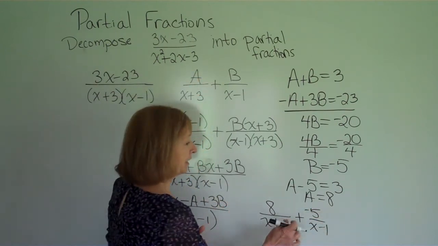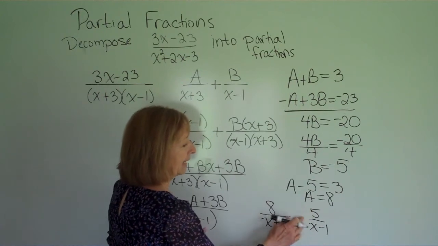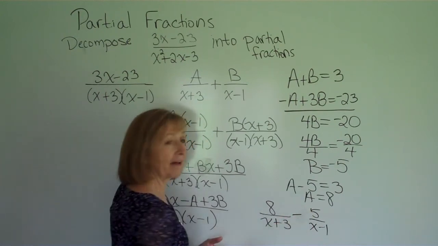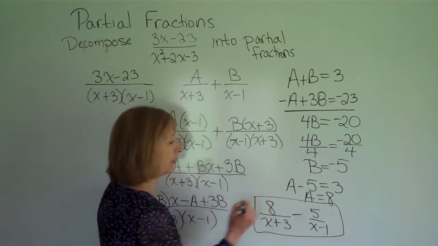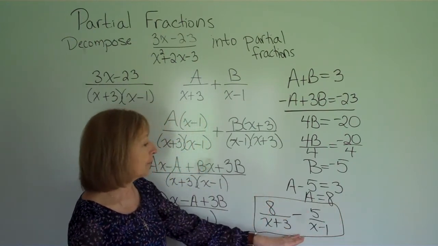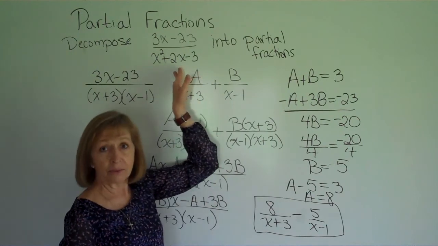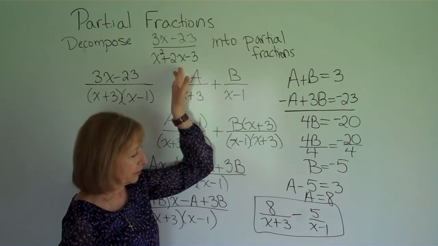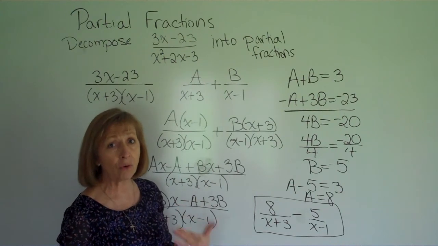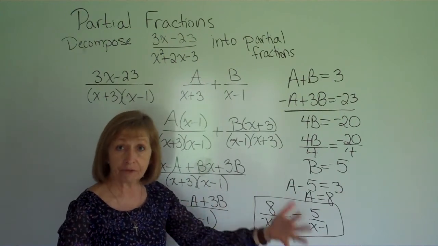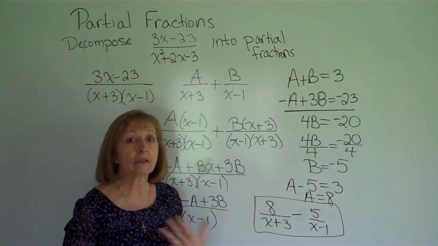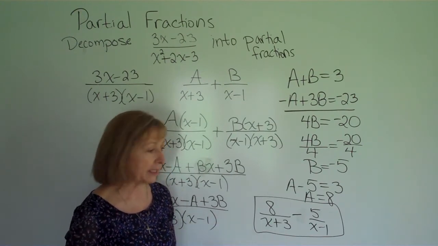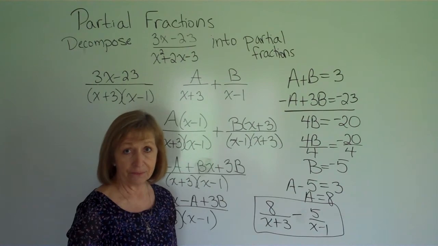More likely you're going to see it written as minus 5 over x minus 1. So there you have your partial fraction decomposition for this original rational expression. And again, the goal is to write it as a sum or difference of fractions whose denominators are the lowest possible power that we can break it up into.